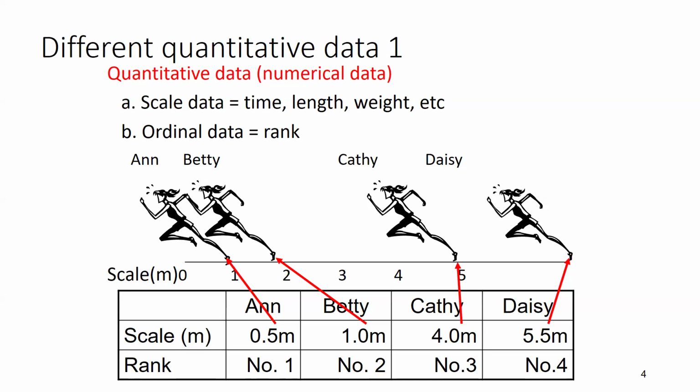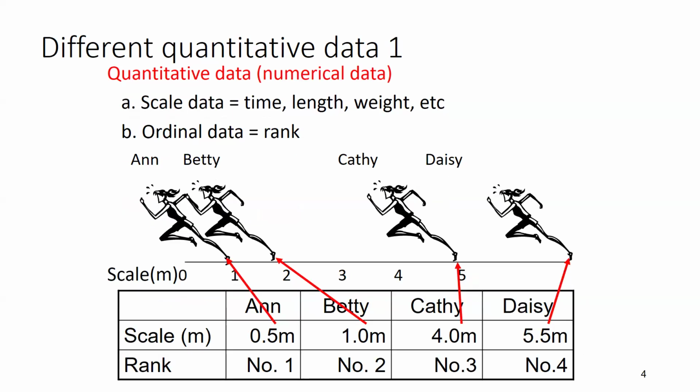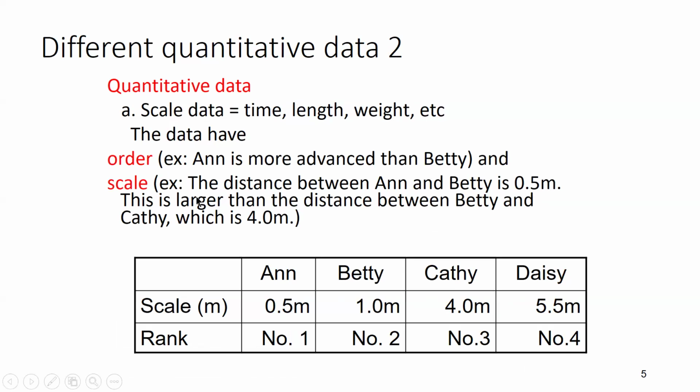So for example, Anne is more advanced than Betty. See, Anne is here, Betty is here. Anne is more advanced by a half meter than Betty. So that is the order.